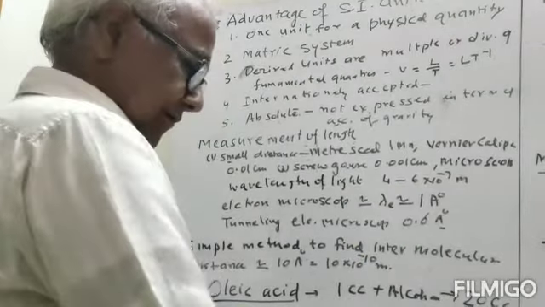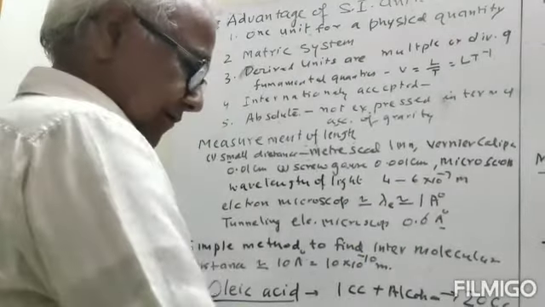Now if we want to measure a distance even less than this, then we can use the tunneling electron microscope, and with its help we can measure up to 0.6 angstrom or 0.6 into 10 raised to power minus 10 meter. So in this way we can measure small distances by these apparatuses in the laboratory.